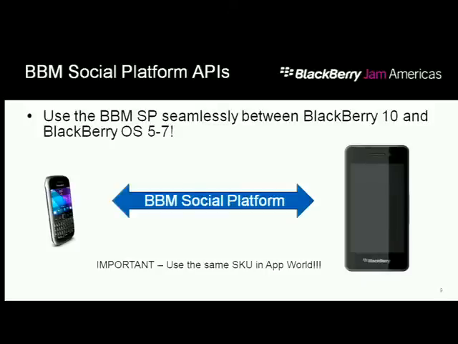Say you have a multiplayer game on both platforms, you can use the BBM Social Platform to talk between the two seamlessly. One important thing I'll point out, though, is you do need to use the same SKU in App World across both applications. So if you want them to talk to one another, make sure you use the same SKU on BlackBerry 10 as you do on BlackBerry 5 to 7 when you submit your application to App World, and that'll tie the two together.